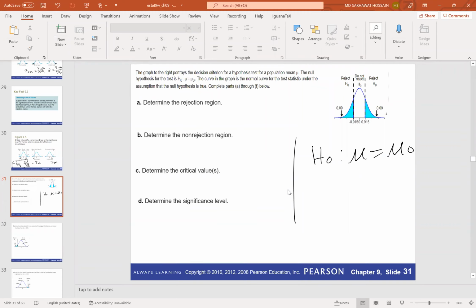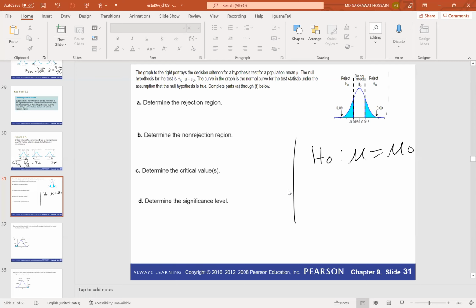So we consider the null is true, then we collect data and calculate the test statistic. If the test statistic falls in the rejection region, that's when we reject the null. That means the data didn't come from the null distribution.